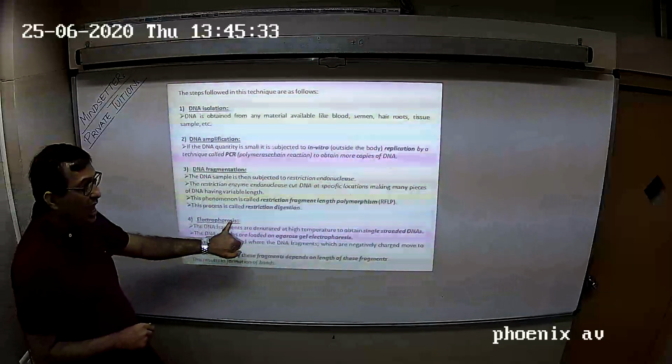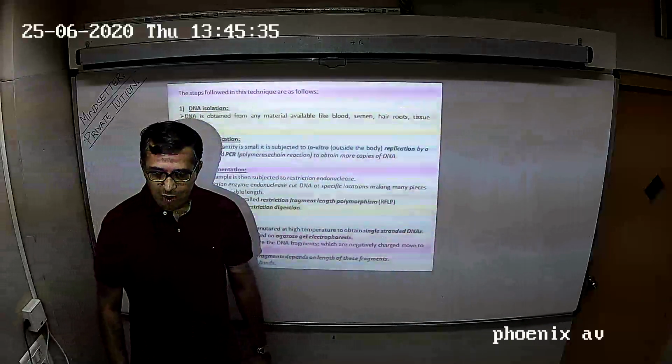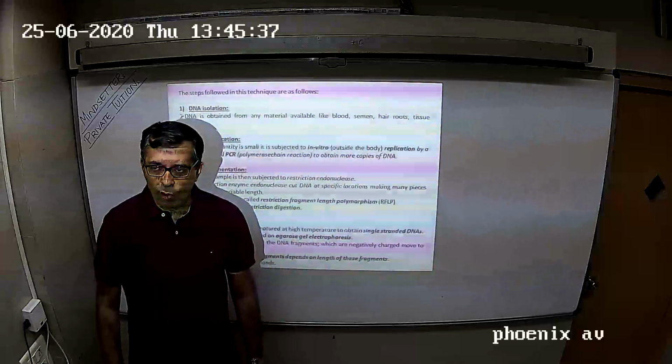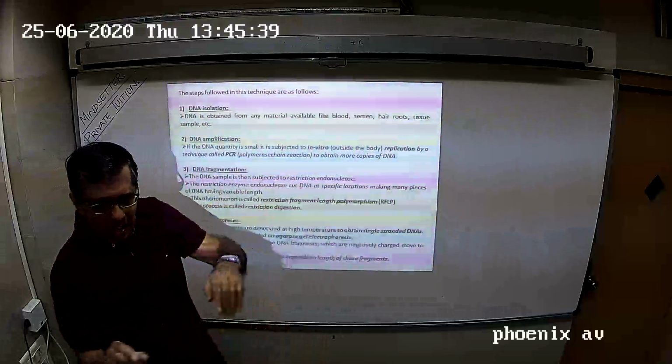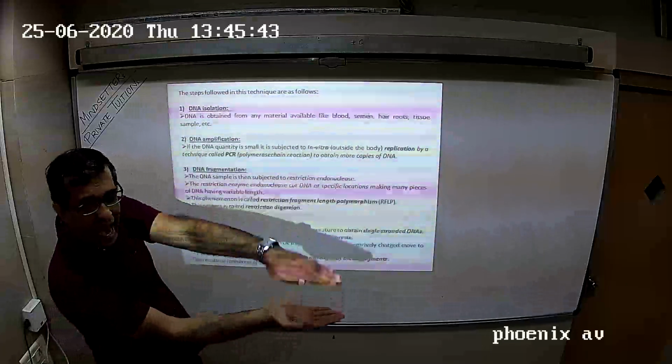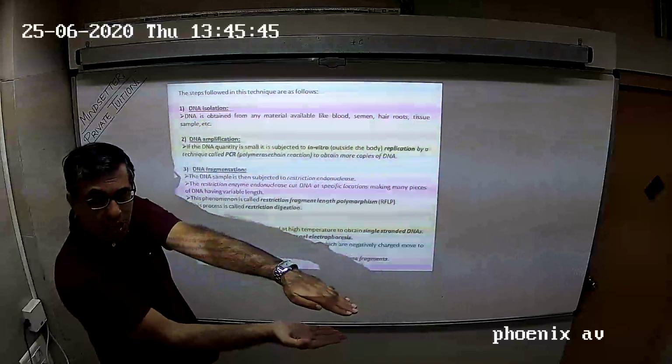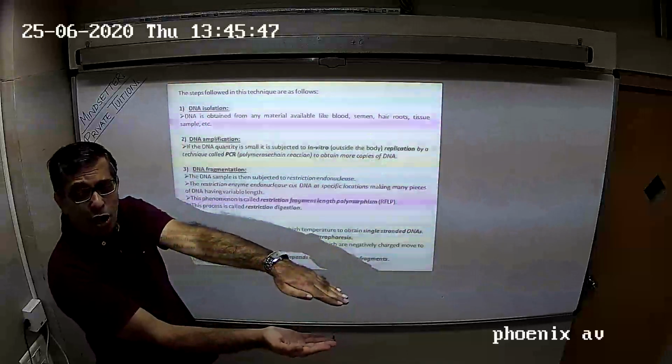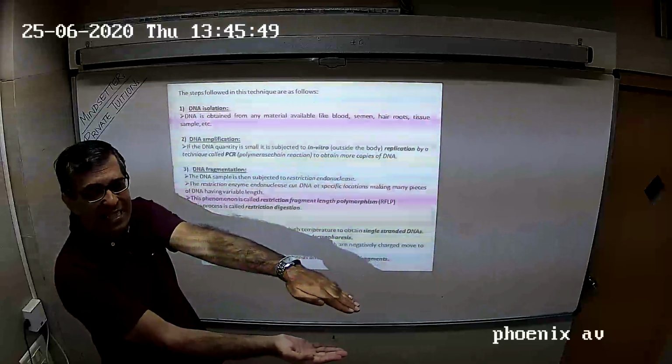Then we do electrophoresis. फिर उसका क्या करेंगे? Electrophoresis. We take the fragments which are of different length and we subject it to a high temperature of 91 degrees Celsius.